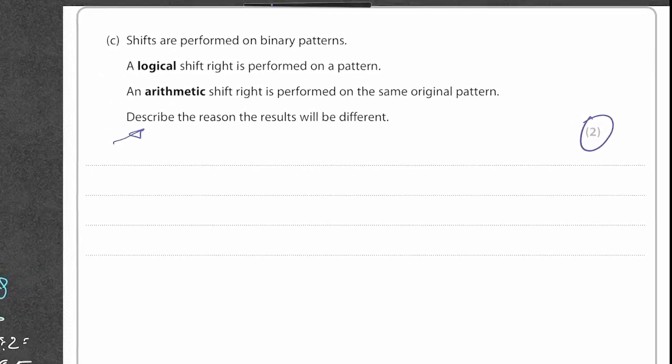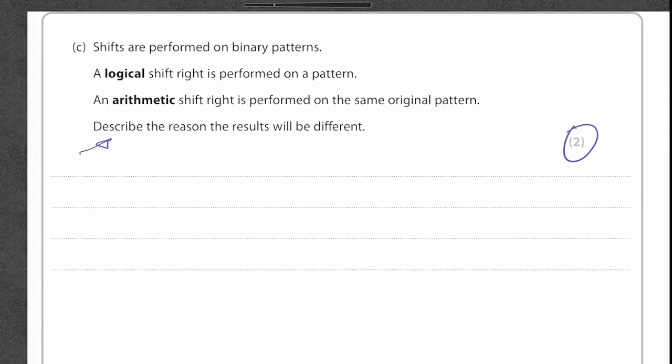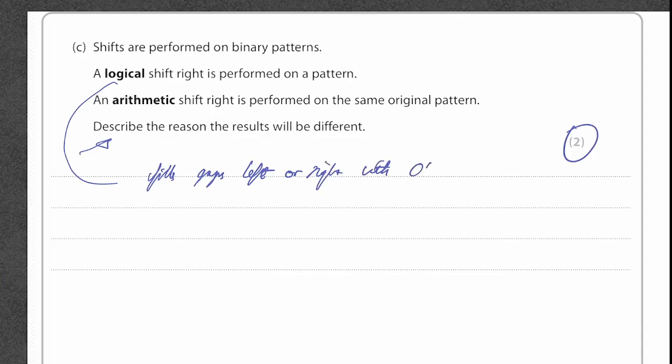So it's essentially what we just talked about. You would need to start using terminology like MSB. So you can say a logical shift fills gaps left or right with zeros.